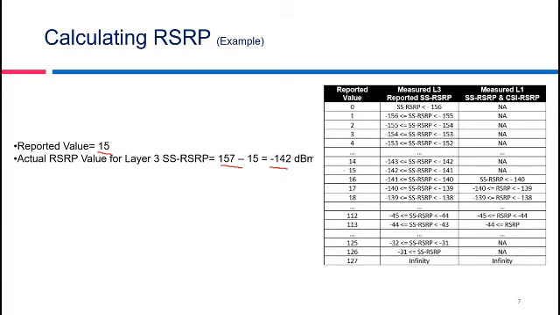If we go to 15, this gives us a result that RSRP is greater than or equal to minus 142 and less than minus 141 dBm. So our result is minus 142 dBm.